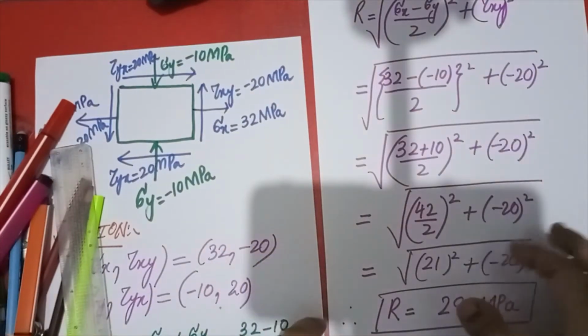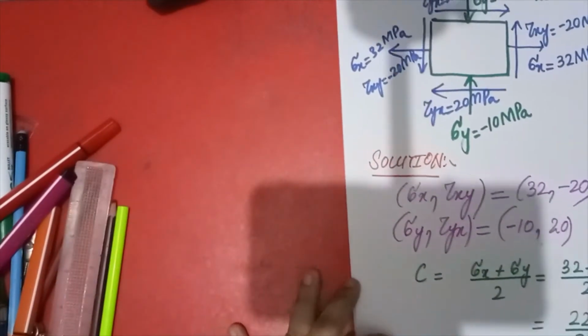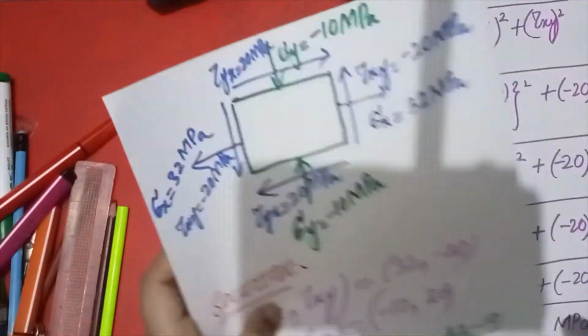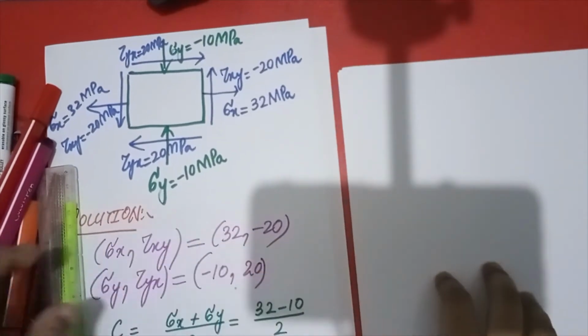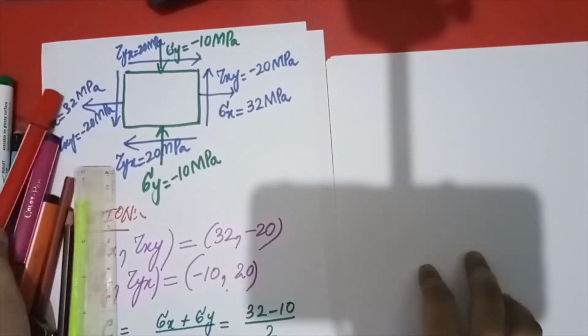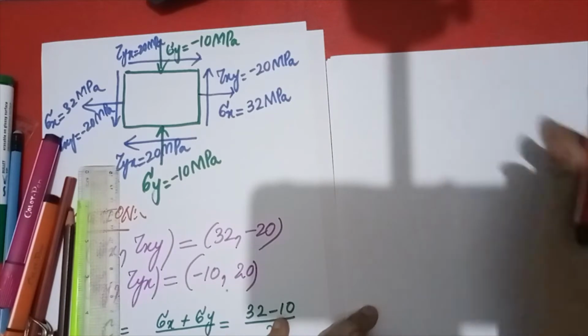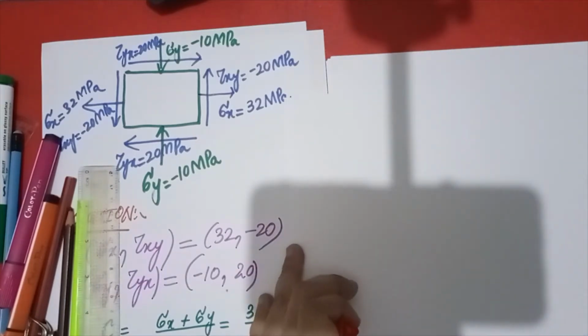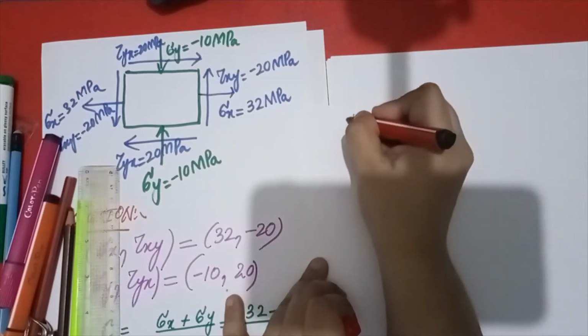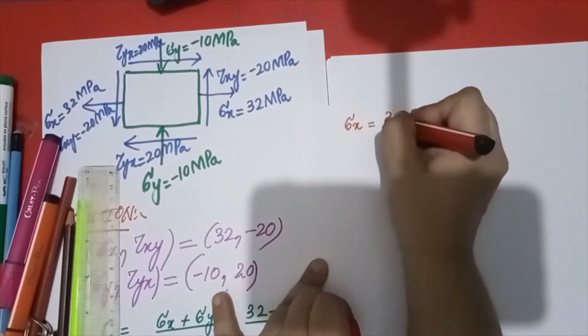Now it's done. In the next step, I have to convert the scale, so let me write it down here. Let me write down the values. Is that visible to all of you? Okay. Sigma x is 32 MPa.